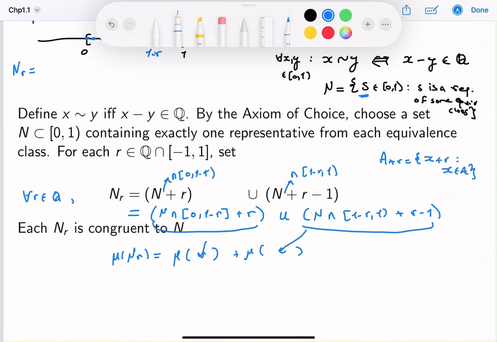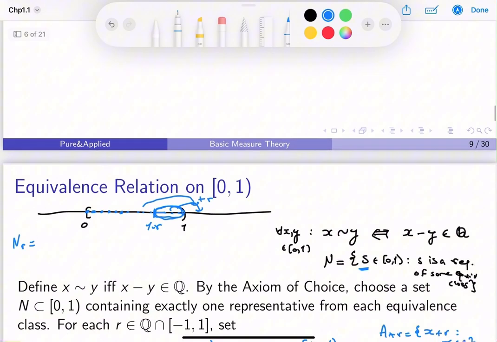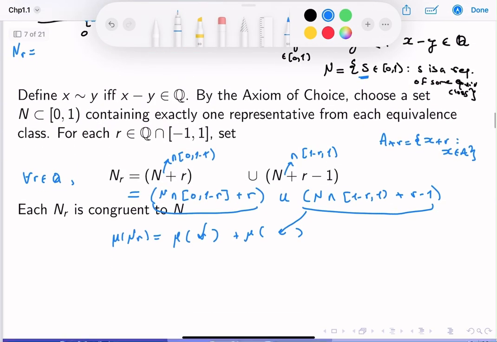But hey, property 2 says that if we're just translating sets, we don't change the measure. In other words, I can ignore the r in here and the r minus 1 in here. I can rewrite this as the measure of N intersected with [0, 1 minus r] plus the measure of N intersected with [1 minus r, 1].